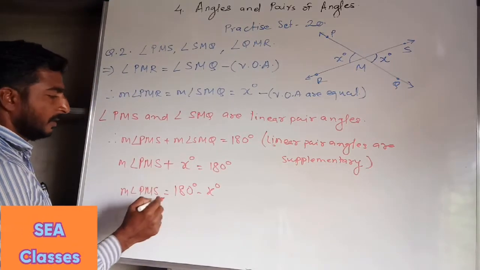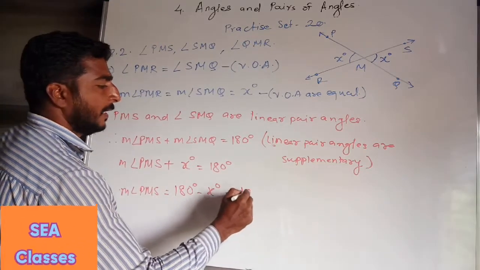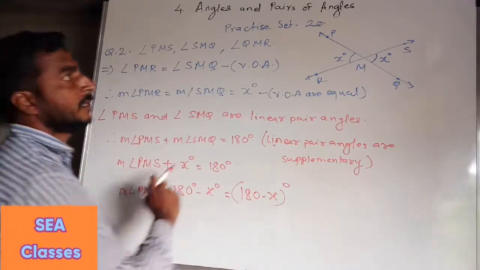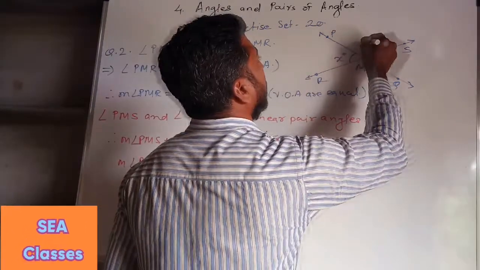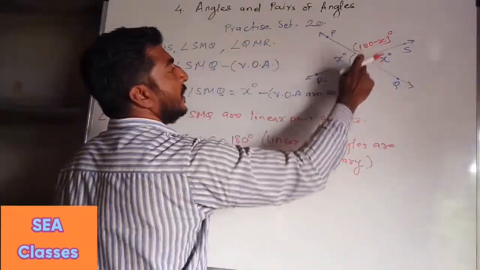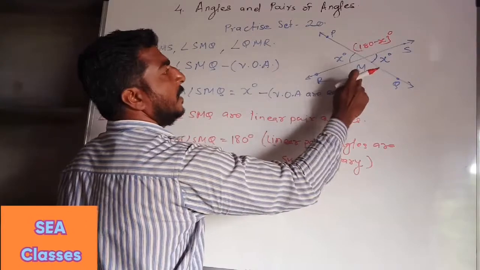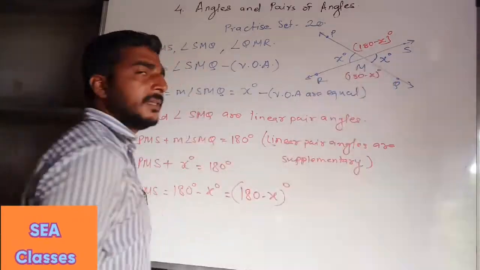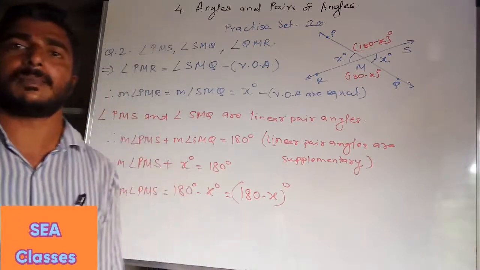So here you got this is equal to 180 minus x degrees. So what is the measure of angle PMS? It is 180 minus x degrees. So as these two angles are vertically opposite angles, this angle will also be how much? 180 minus x degrees, because vertically opposite angles are equal in measure.